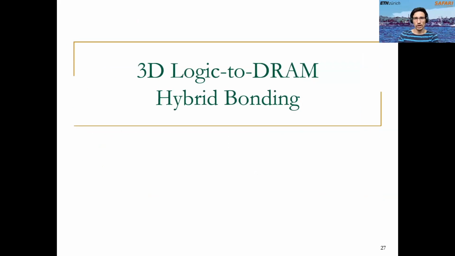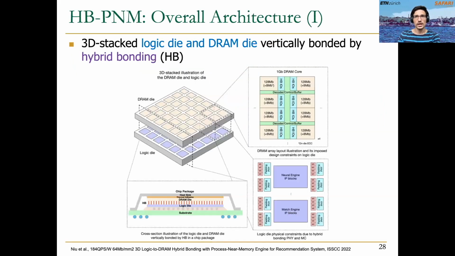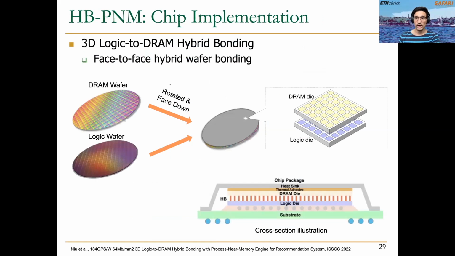So let's talk in a little more detail about this 3D logic-to-DRAM hybrid bonding. First of all, you have already seen this slide. Remember that this architecture is composed of a DRAM die and a logic die. These two are manufactured independently.